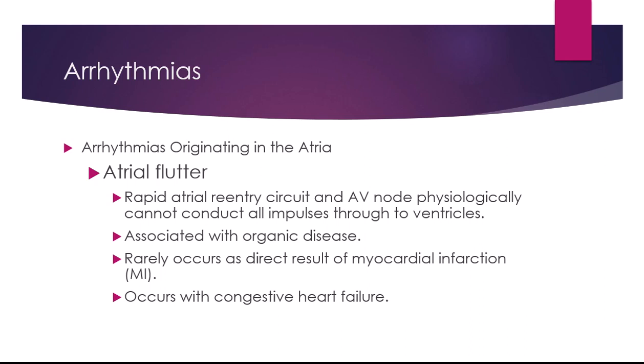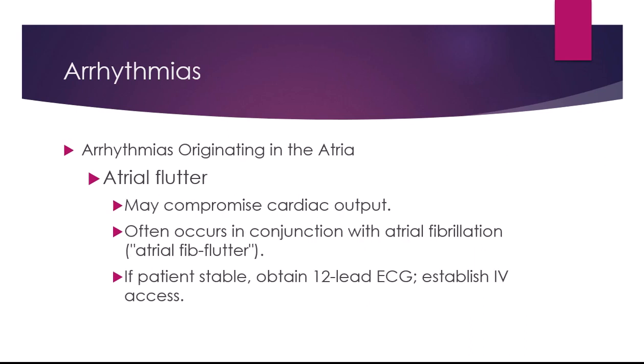Otherwise, it is possible that your patient could have a heart rate of 180, 190, or 200 if they all got through. Generally, we're looking at some type of heart disease. Usually it doesn't come about as a result of an MI, but quite often a patient with heart failure or congestive heart failure will have atrial flutter.